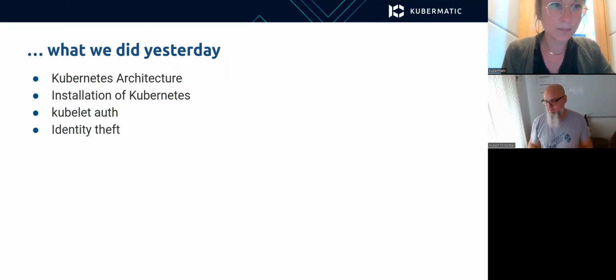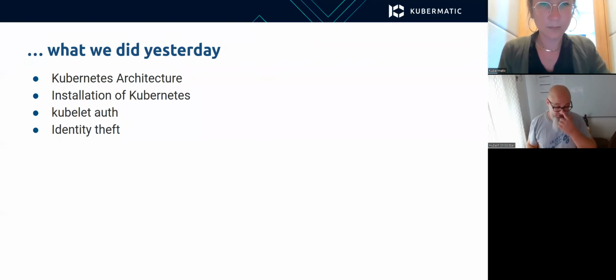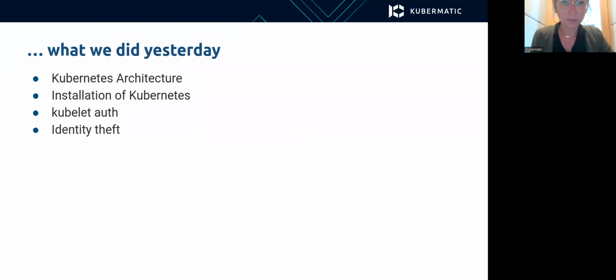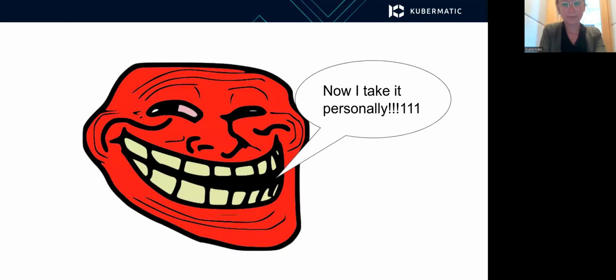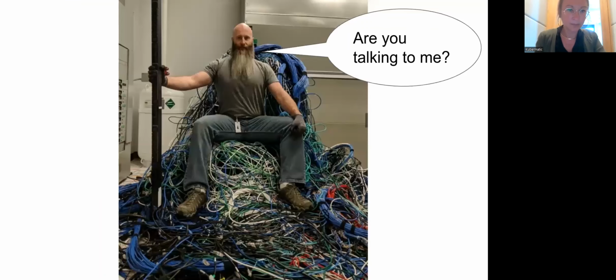The service account tokens are in there by default, so this is also something you have to take a look at. And then we started the topic encryption and started with encryption in transit. And Hakarius, the villain, still is trying to do evil stuff, but our hero, King Admin, doesn't care that much.